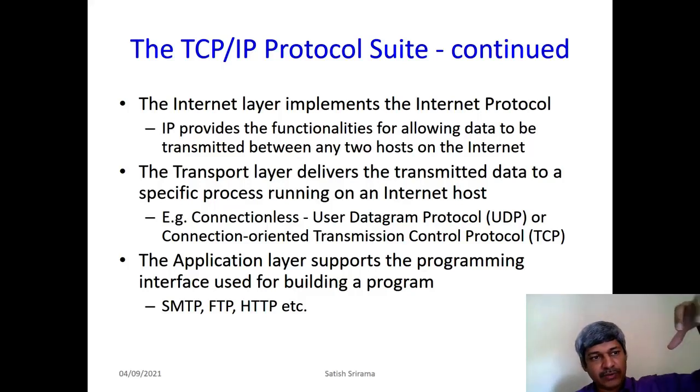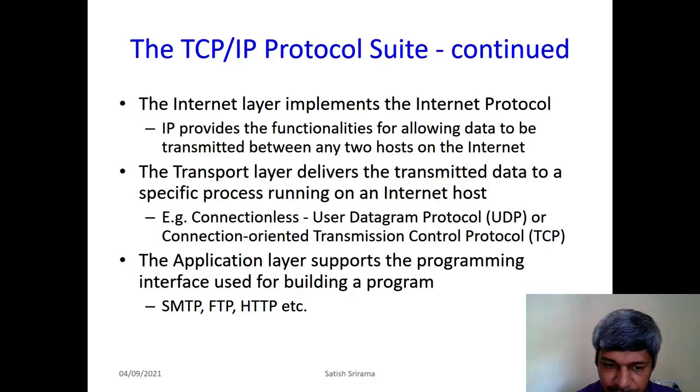If I am trying to develop an email-based application, I will follow the SMTP protocol, which is implemented on the application layer. Using that protocol, I will develop an email application using which I will send mails to other nodes. Similarly, File Transfer Protocol, FTP.